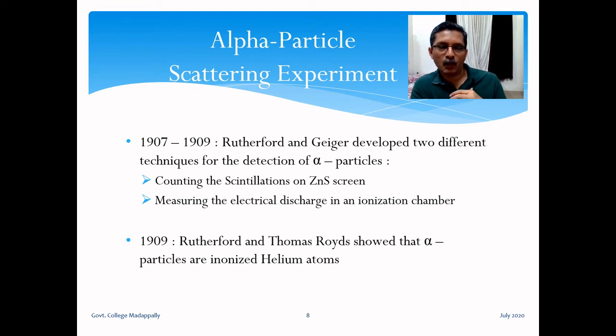The point is that by 1909, Rutherford and his team were very sure about the structure of alpha particles, and they developed two different techniques for measuring alpha particles. Now, with this background, Rutherford started using a beam of high energy alpha particles to probe the structure of the atom.